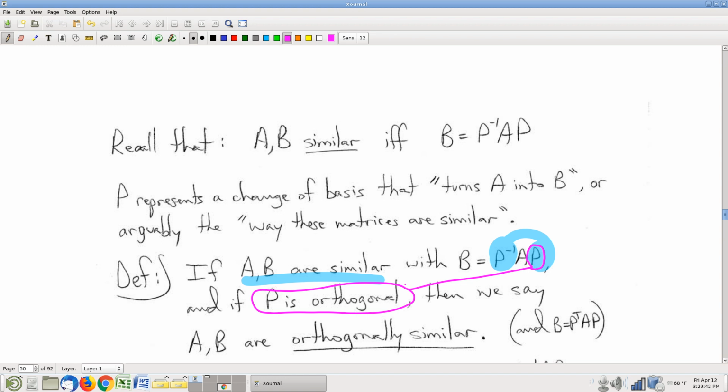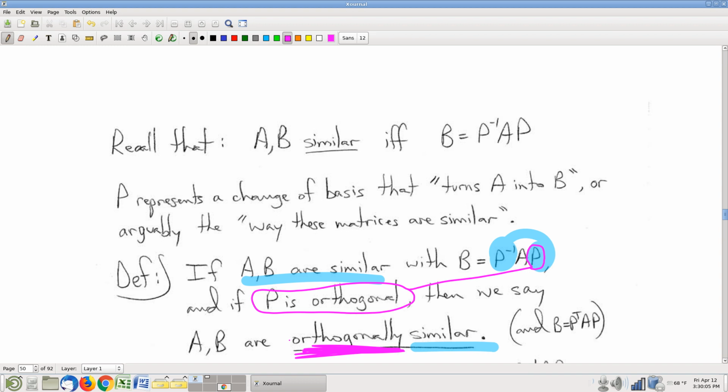Then it doesn't really quite cut it to say that these matrices are similar. Yeah, sure, they're similar. That's true. That's only part of the statement. Not only are they similar, but they're similar by way of an orthogonal matrix or an orthonormal change of basis. So a pretty reasonable term is to say not only are they similar, they are orthogonally similar.